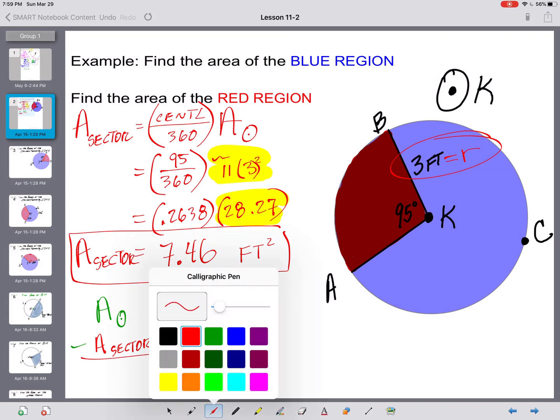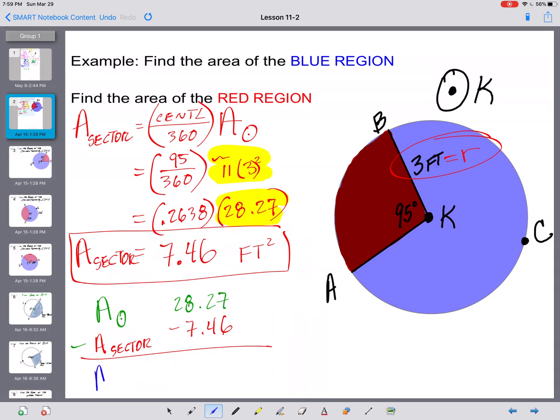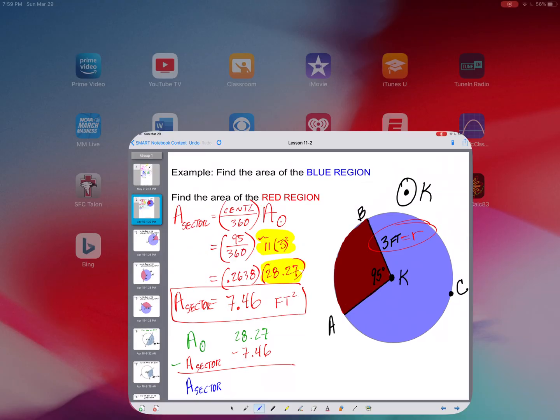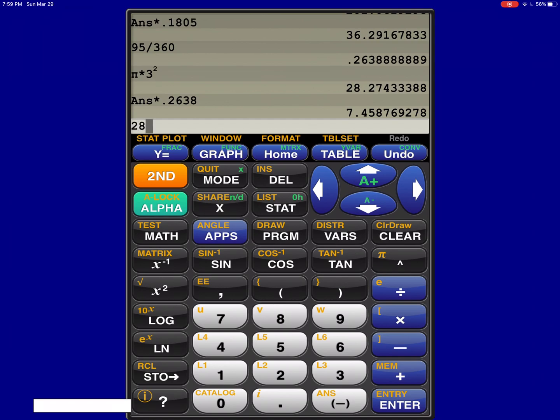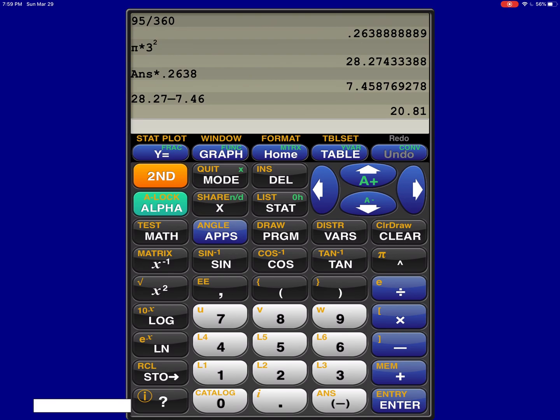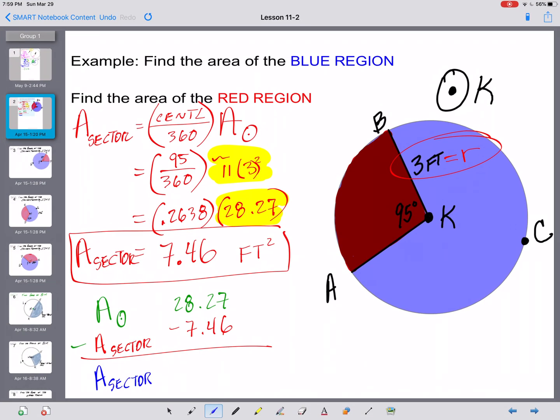And I'm going to get the area of the blue sector. 28.27 minus 7.46. There it is. Boom, the blue one. 20.81. Again, the units, yeah, it is area. It's going to be feet squared.